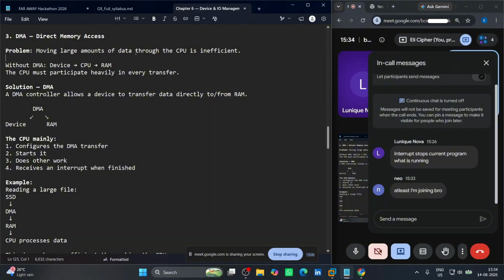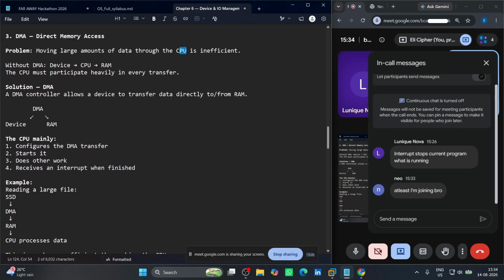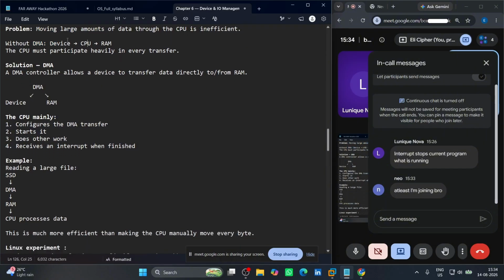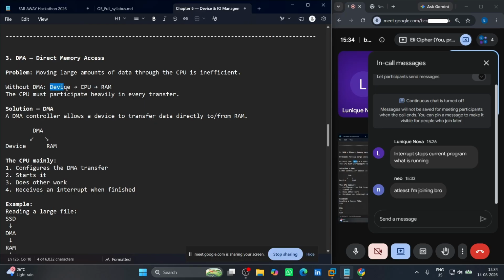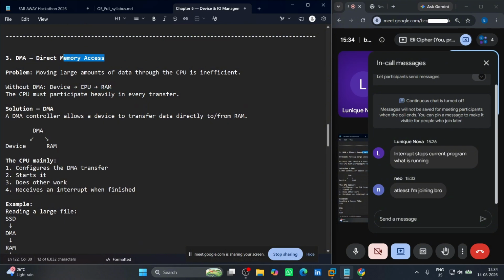And if the whole large amount of data flows through the CPU, it will make our CPU inefficient, because most of the time it will be busy just moving the data, right? Without DMA, what if there is no DMA? Device, CPU, RAM: the data flows from device to CPU to RAM. The CPU must participate heavily in every transfer if there is no DMA, direct memory access, right?